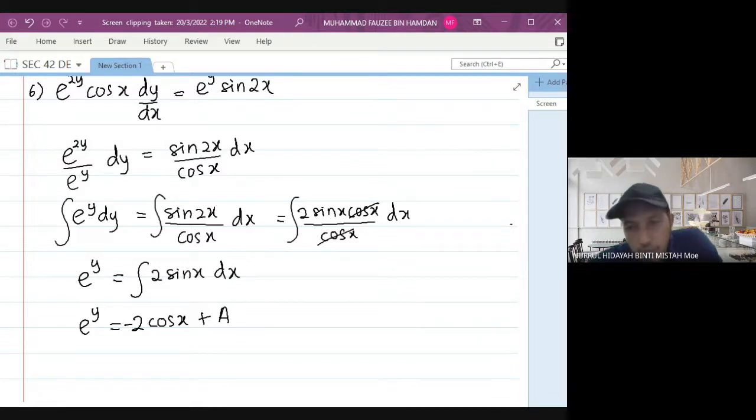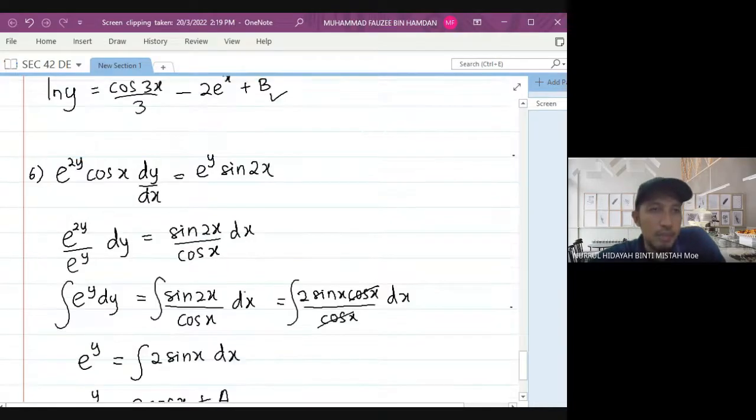You don't have to write like that. Just write only one integration constant. Just plus a. You don't have to write a equal to c2 minus c1. You don't have to.